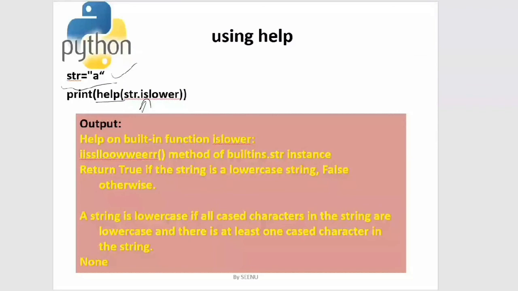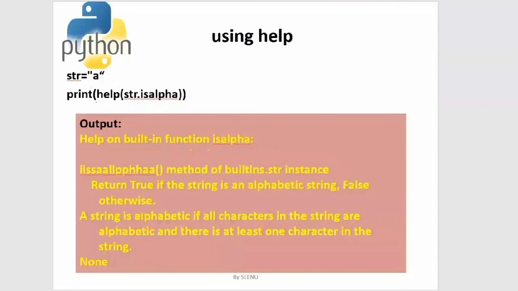In the next example, I've taken is alpha, just to show you that you can apply it on any of the methods. The is alpha method description is shown in your output. Help will give you the description of the methods, but this is how you have to give it. This is the syntax, and you just need to follow it to get the description of all the methods that I have shown you.